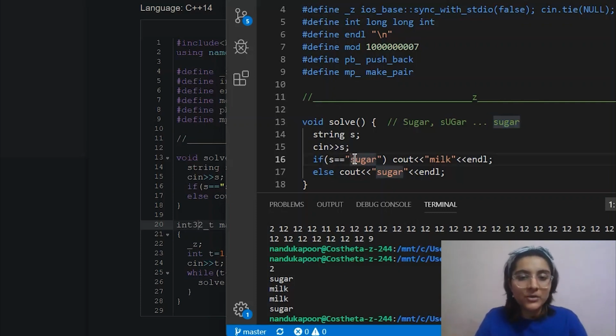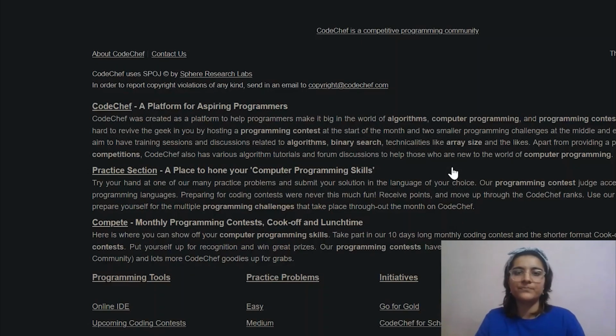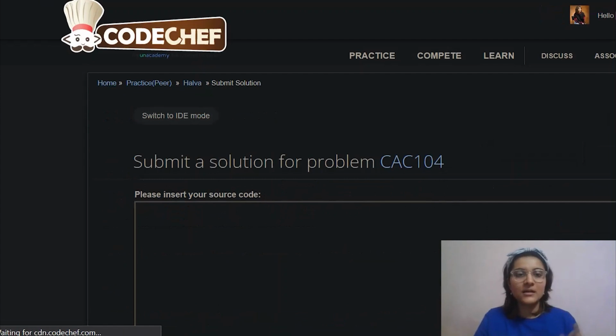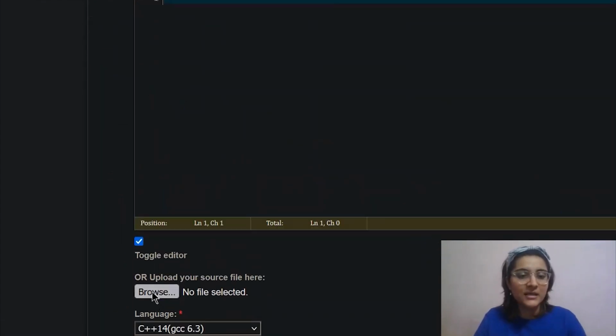For example, if I use if with a capital Sugar over here and try to submit it. If you want to see what happens, I can just submit it and show you. What I'm anticipating will happen is that CodeChef will give me a wrong answer verdict because it will never go inside the if, because the string that is given to me is case sensitive, right?